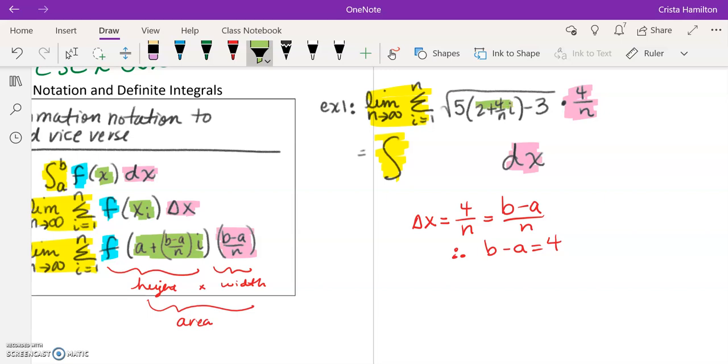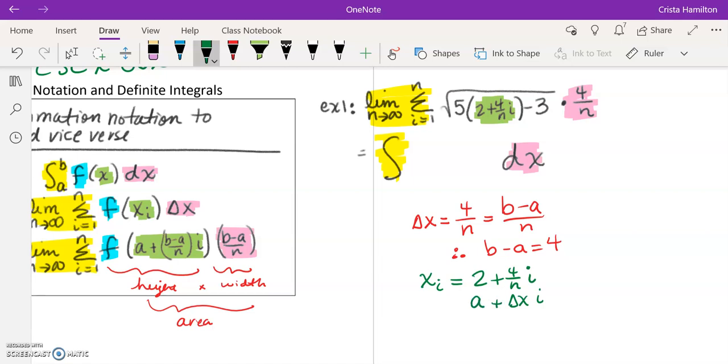And so we look in here and we see that we have this expression inside of there that has the i. And so I'm going to identify that that's my right endpoint, 2 plus 4 over n times i. And when I look at that, remember, here's my delta x times i plus a.